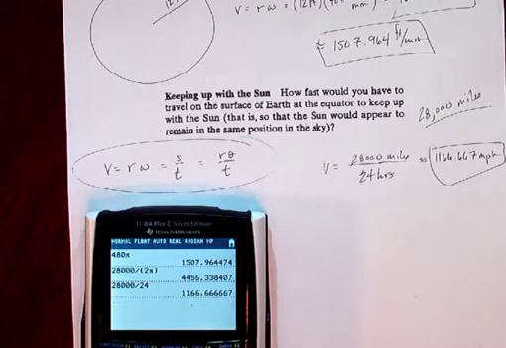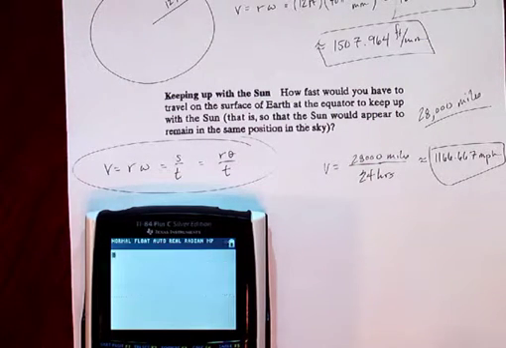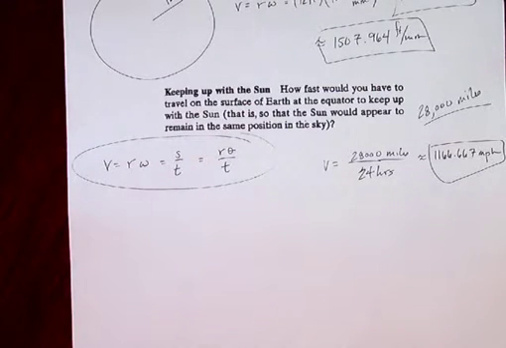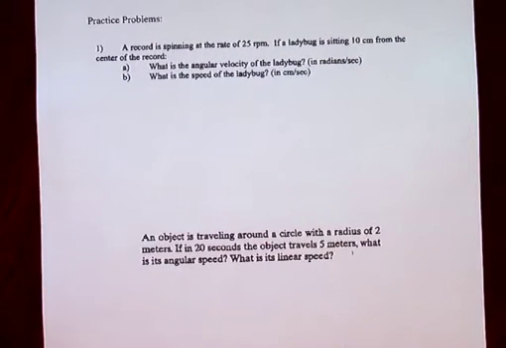Now, let's look at a couple of problems that actually give us a scenario and ask us to calculate both the linear speed and the angular speed. A record is spinning at a rate of 25 revolutions per minute. A record player.